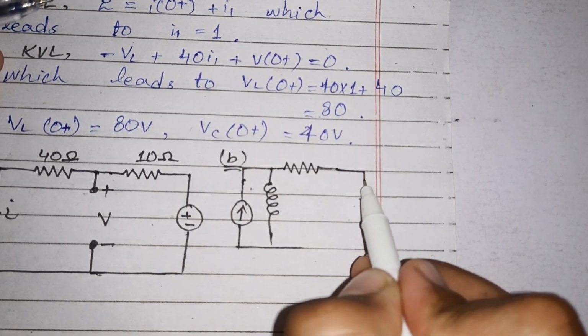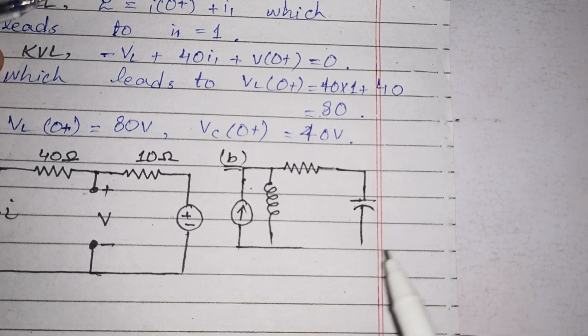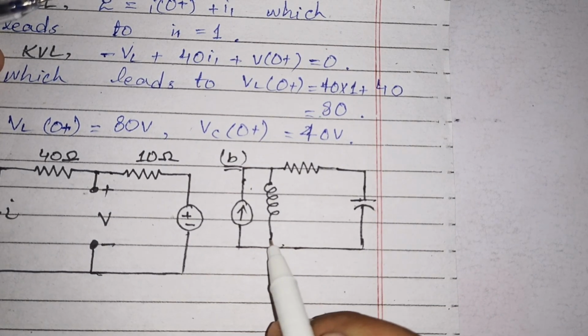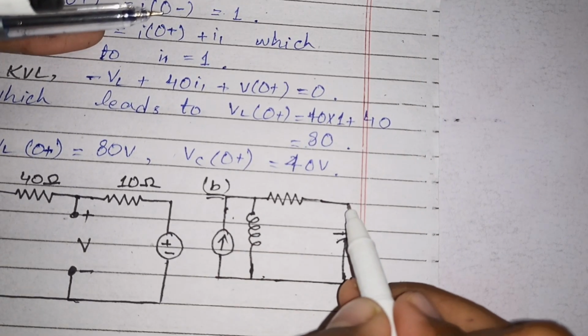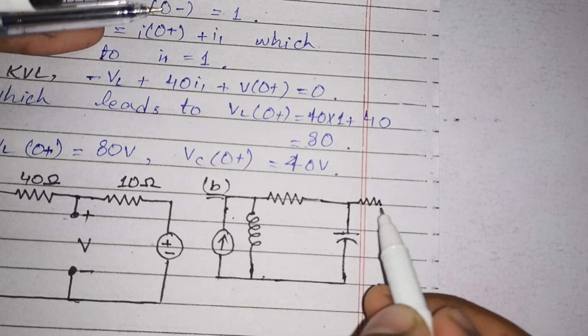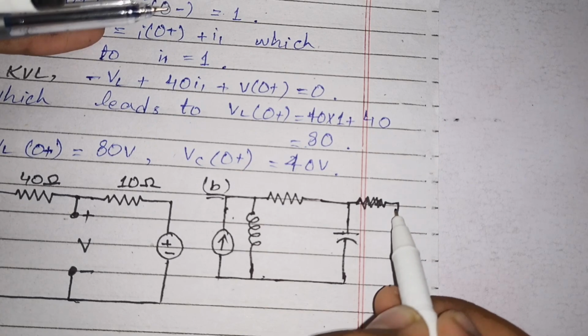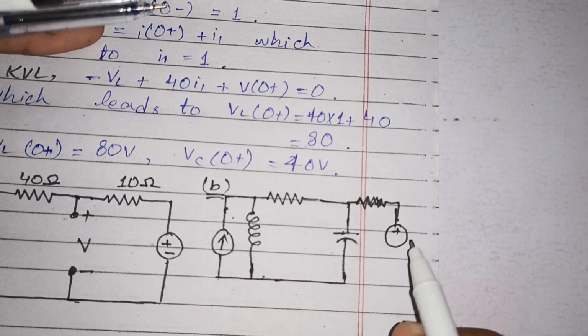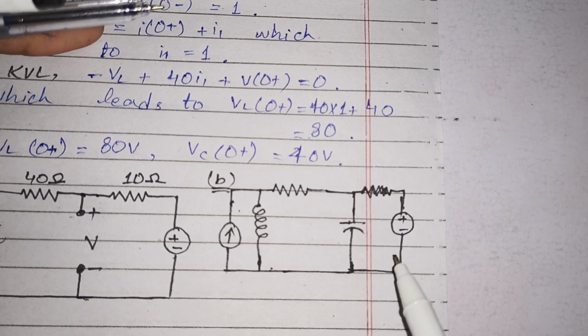After the resistor there is a capacitor, which is connected with the inductor. Here is another resistor, and at the end a DC source is connected to all.